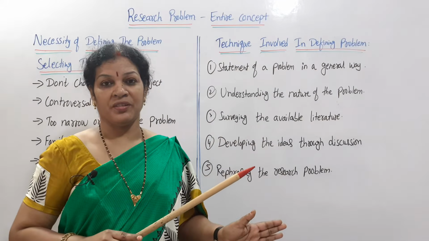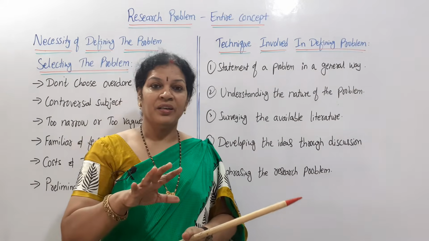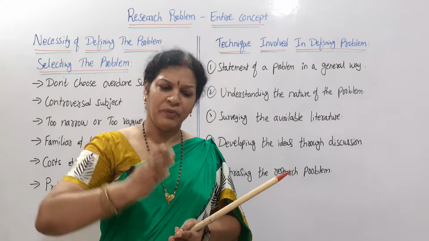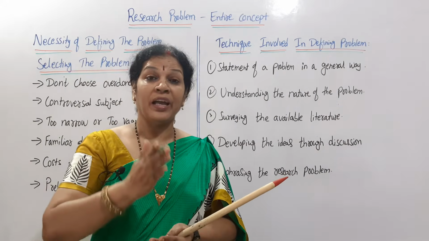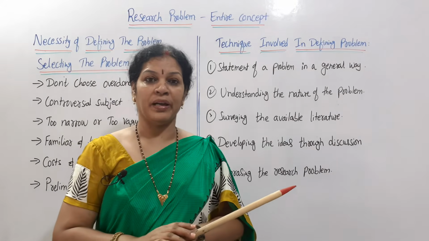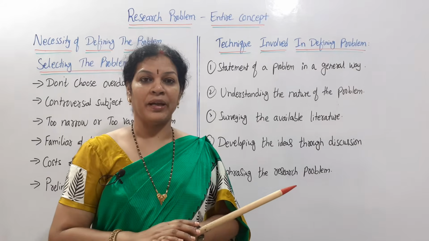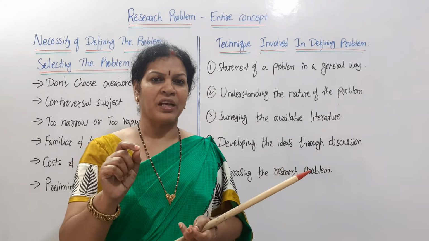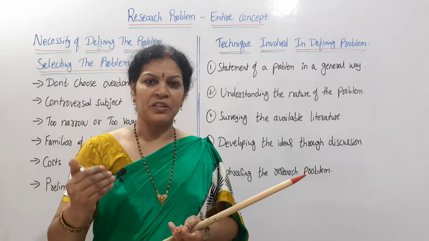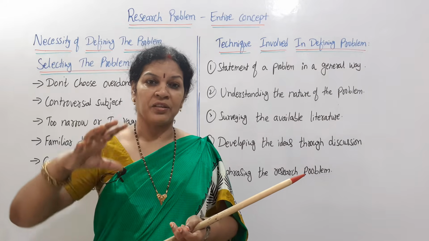Say I have done research on banking. Before defining the problem, before entering into the problem, I went for a review of literature: the origin of banks, functions of banks, how 14 banks were nationalized, and after that the growth of the banks, privatization of banks, etc.